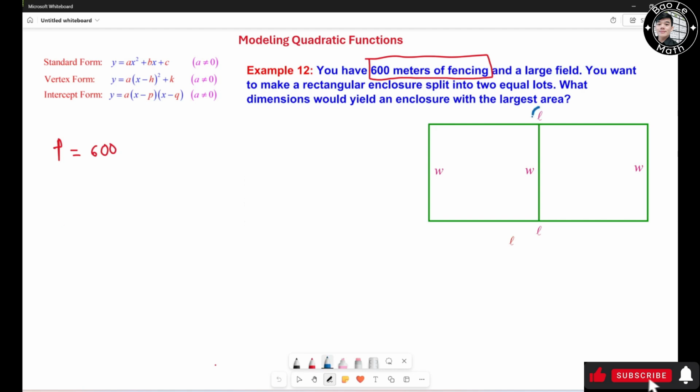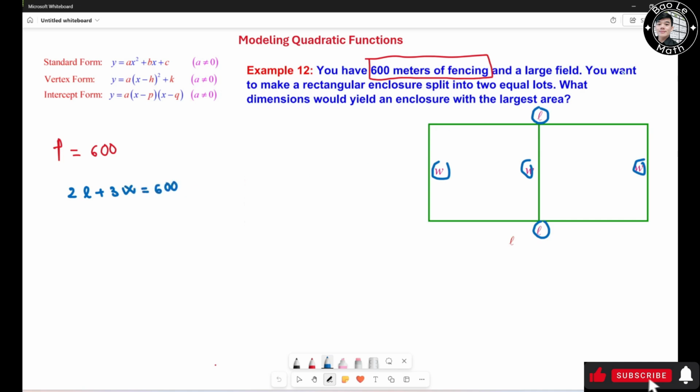So the side lengths right here are L, W, W, W, and L. So it turns out to be 2L plus 3W equals 600.